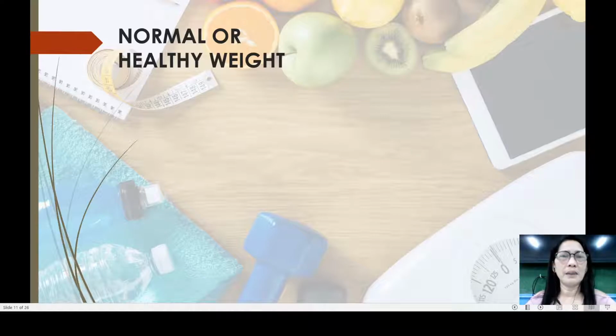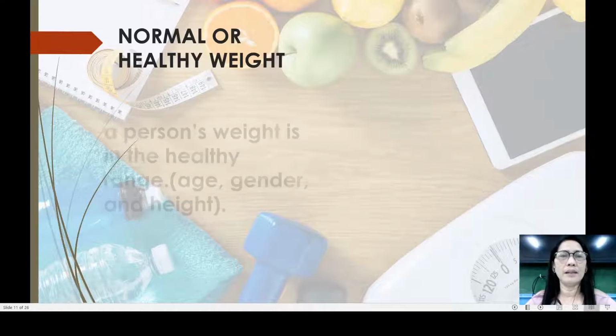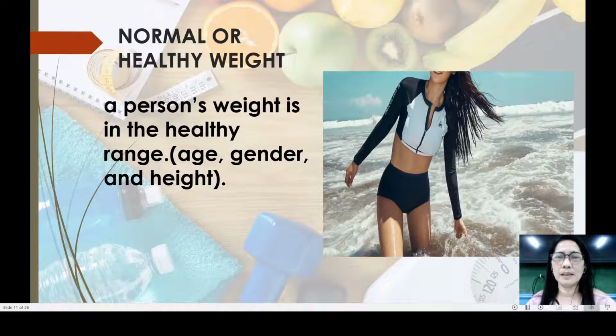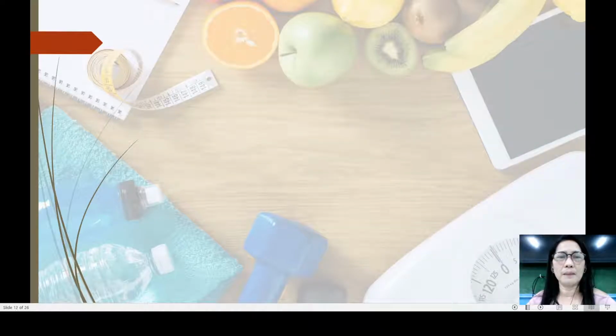As I said earlier, ang underweight less than to a normal healthy range. Now, the normal and healthy weight is a person's weight is in the healthy range according to his or her age, gender, and height. So this is an example of normal or healthy weight.